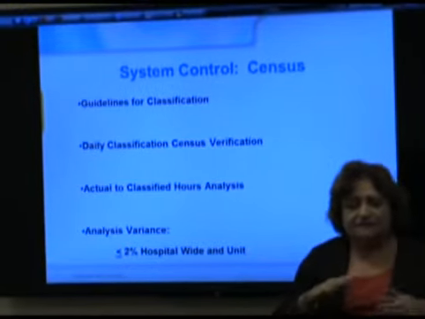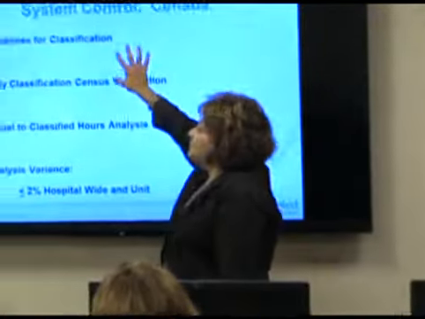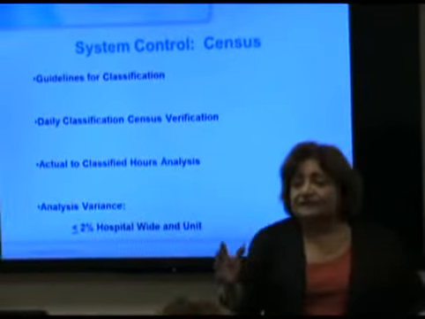Now, all of the Mayo facilities use the same set of guidelines about how to classify patients, what time frame you're going to use, how to classify admissions and transfers in, because you're going to do that all 24-hour period, and when discharges should be completed. So the guidelines for classification will be provided for you during the education session that you're doing in October.